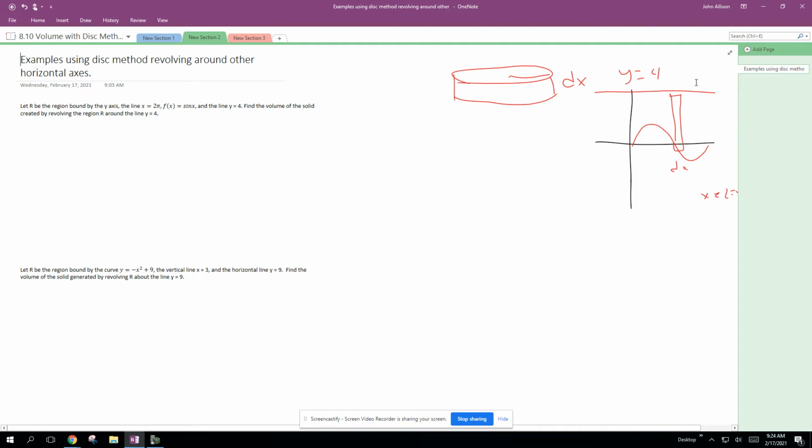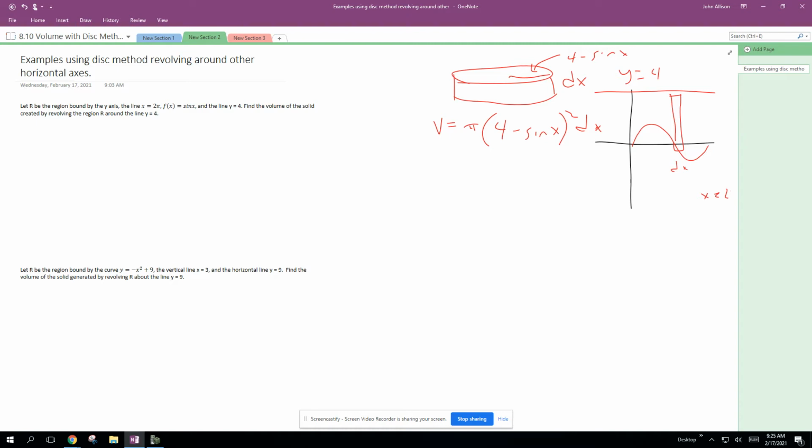So the radius is 4 minus sine x. The volume of one disk is pi times the radius squared, which is 4 minus sine x, all squared, times the height of that disk, dx.